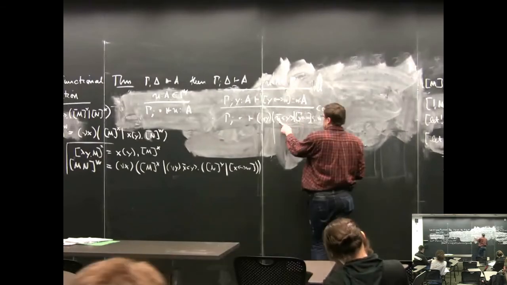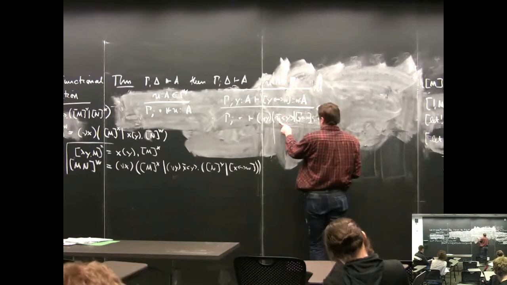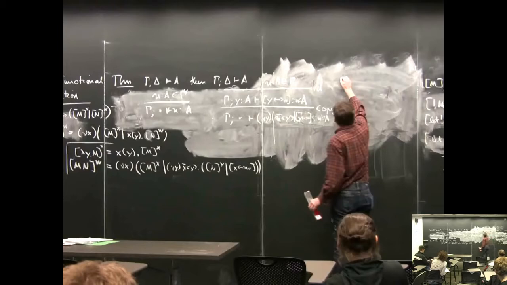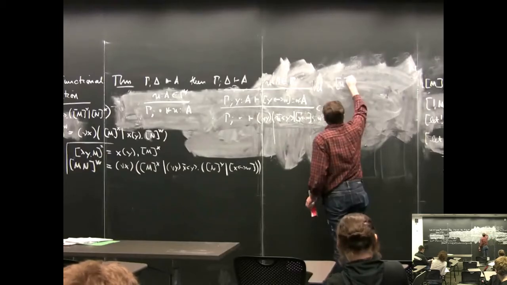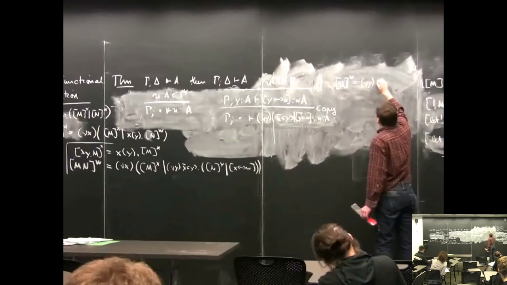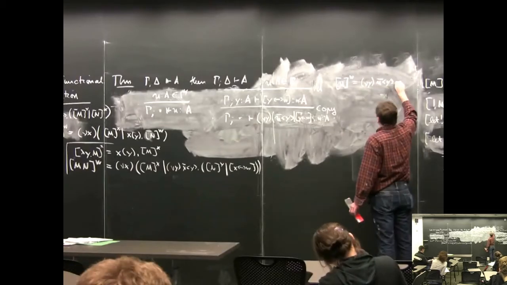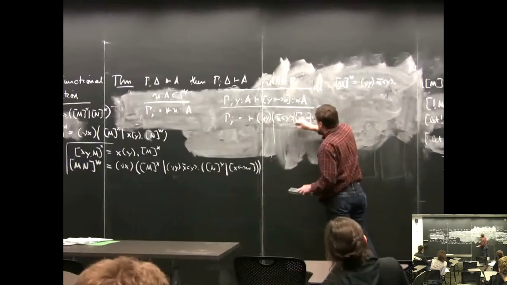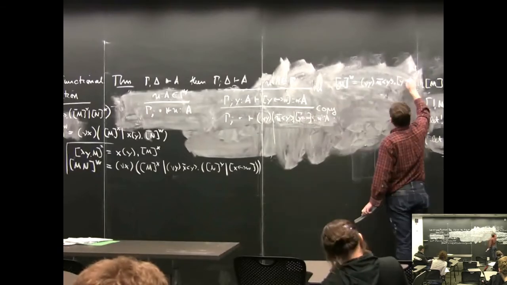So we send a new name to U, and that gives us a copy which has type A, which we can tie to W. So what that means is that the translation of an unrestricted or persistent variable U with respect to W is: create a new Y, send that Y to U, and then, oops, that shouldn't be a bar, it should be a prefix. And then we have Y is tied to W.